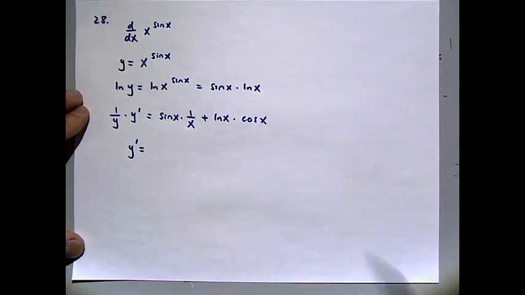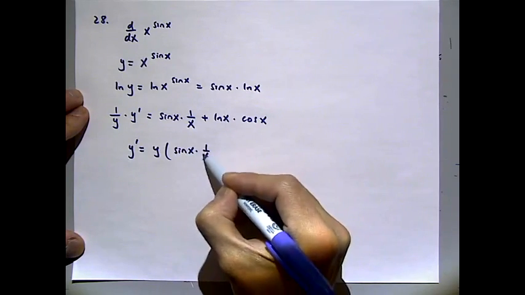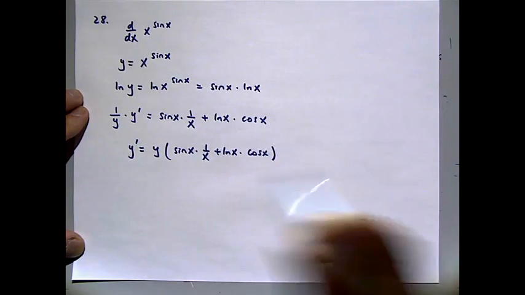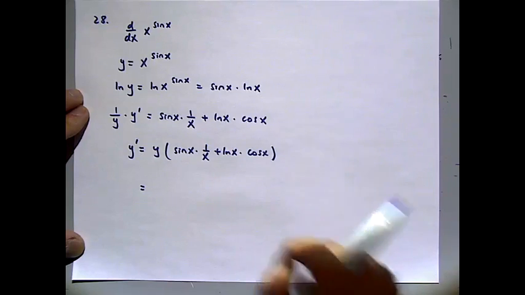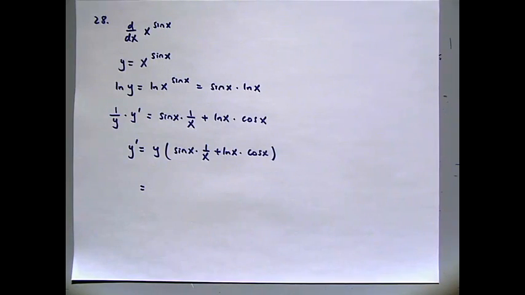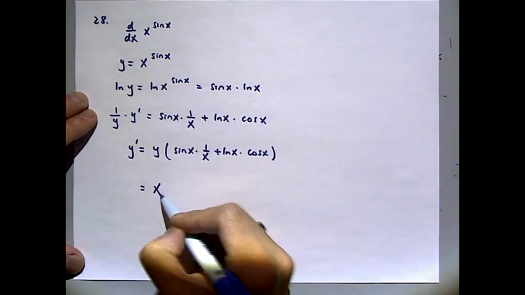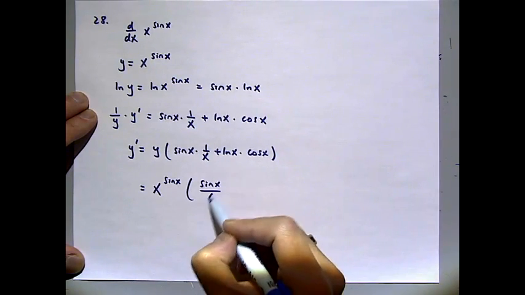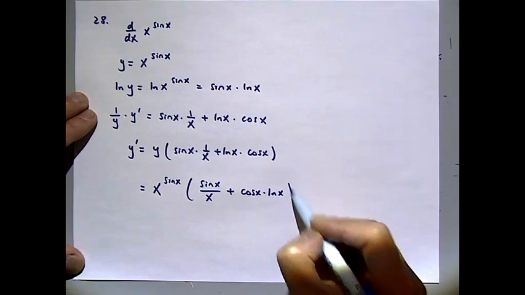Now we want y prime, so let's multiply y to the right-hand side. Then y is equal to this thing. So we change it back out. And there we go.